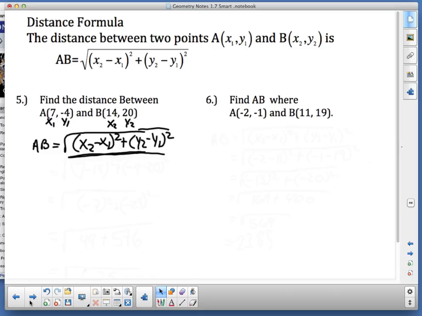The x's are the first value in a coordinate pair, the y's are the second. Make sure you know that. And I've even delineated x sub 1, y sub 1 in the first coordinate pair in A, and x sub 2, y sub 2 in the second one. So you know you can just plug them in. We're using the distance formula. This is the distance between 2 points in the Cartesian coordinate plane or the xy coordinate axis.